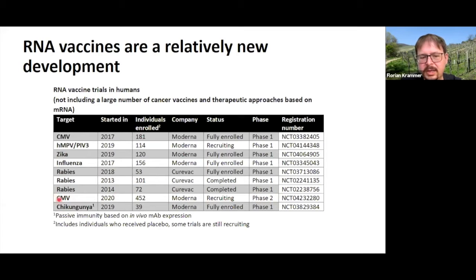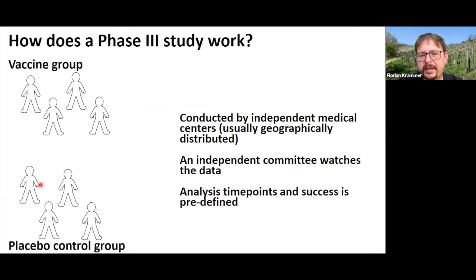Moderna started to do that in early 2020, and also one of the rabies vaccines is now moving into phase 2. So they look pretty successful, but usually vaccine development takes a little bit longer. There's, of course, a lot of safety data already with these vaccines. Okay, so we have our vaccines. How do we figure out if they work?